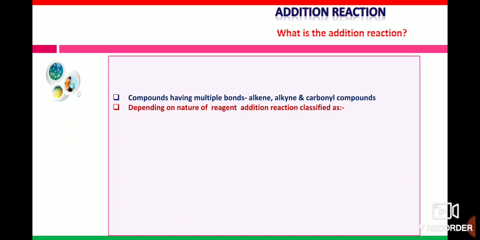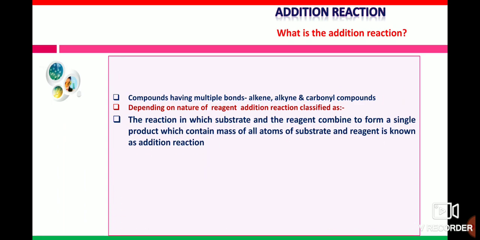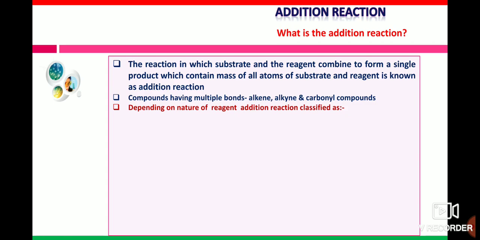Then consider the second type of organic reaction, addition reaction. What is the addition reaction? The reaction in which substrate and reagent combine to form a single product which contains the mass of all atoms of substrate and reagent is known as addition reaction.